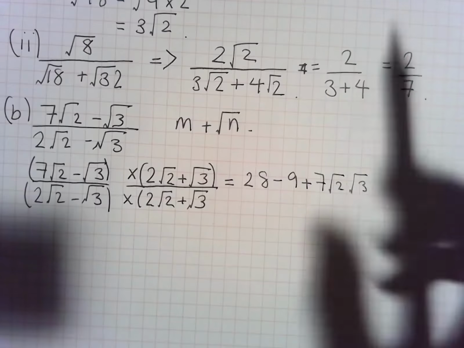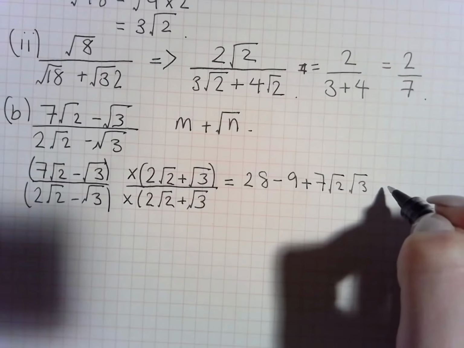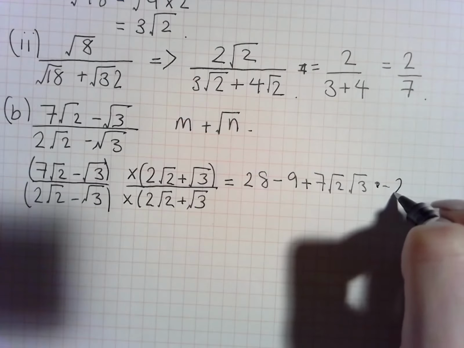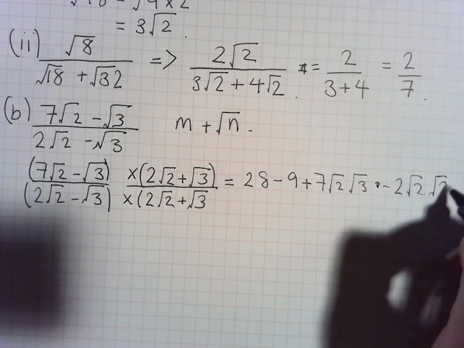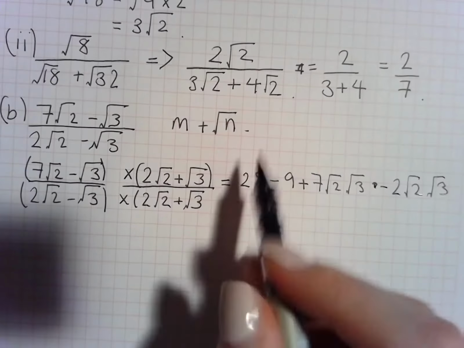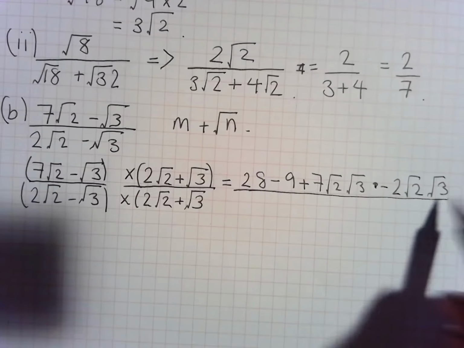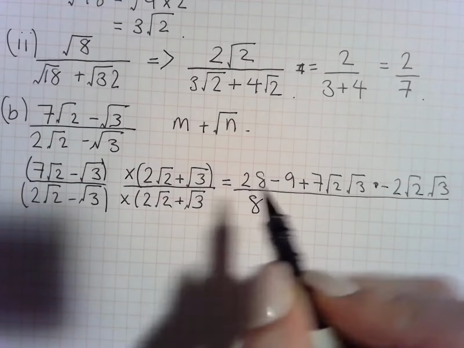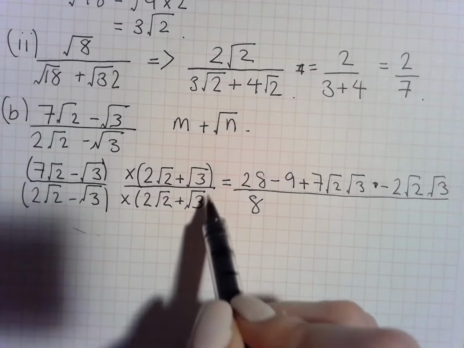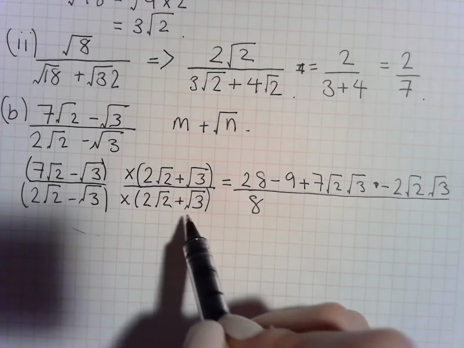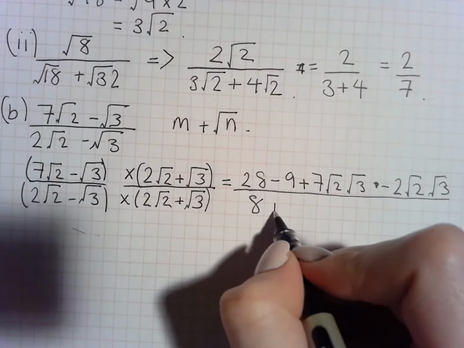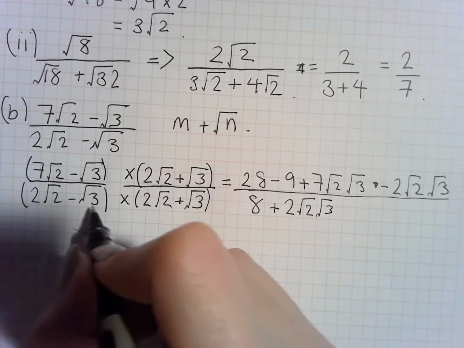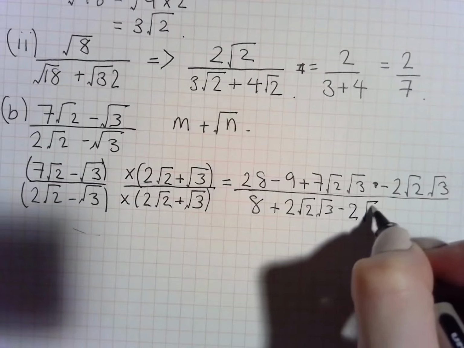And minus root 3 times 2 root 2 is minus 2 root 2 root 3. Let's keep it all in the same order, so we don't get confused. Minus 4 times 2 is 8. 2 root 2 times root 3 is plus 2 root 2 root 3 minus 2 root 2 root 3.